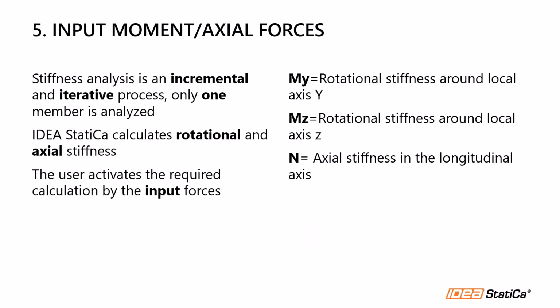In the fifth step, as mentioned, only one member is analyzed to avoid long calculation times. Also, IDEA StatiCa doesn't evaluate stiffness for all the degrees of freedom, only the ones that you specify by inputting the forces for the degrees of freedom that you want in the stiffness calculation. So when you're in the model and you input a force on MY, you're telling the software that you want to calculate the rotational stiffness around the local Y axis.